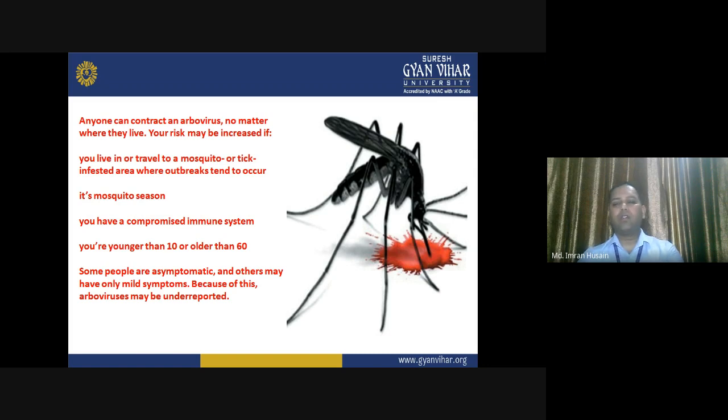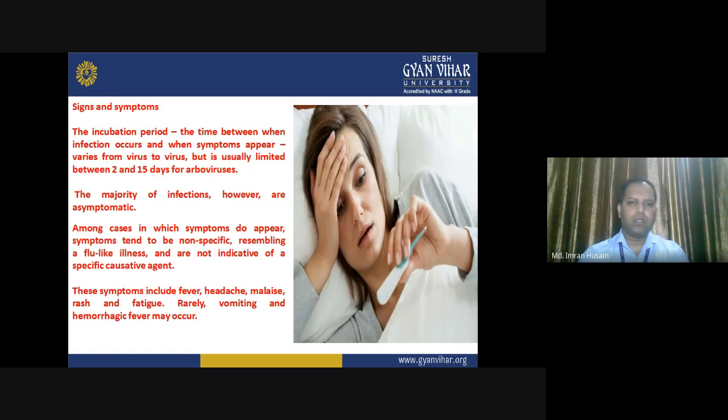Most of the time, proper reporting has not been done on arbovirus, although it is present, it is causing infection among individuals, and it has been proven to be lethal. But reporting is not up to the mark yet, because most infections are asymptomatic in nature or have very mild symptoms. So, following that scenario, proper work is required to be done on arbovirus.